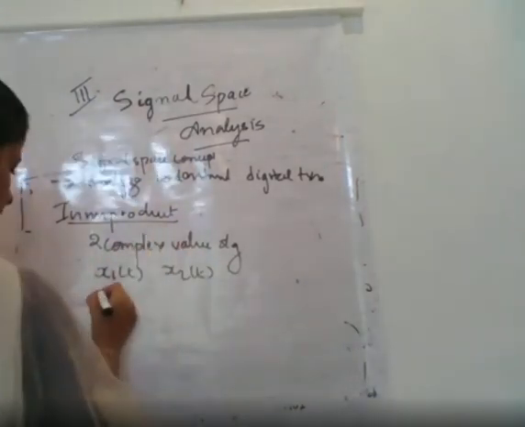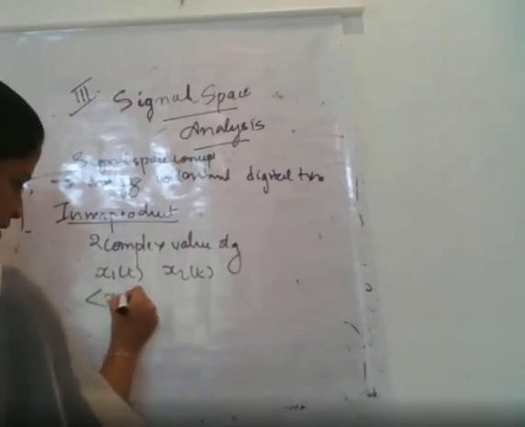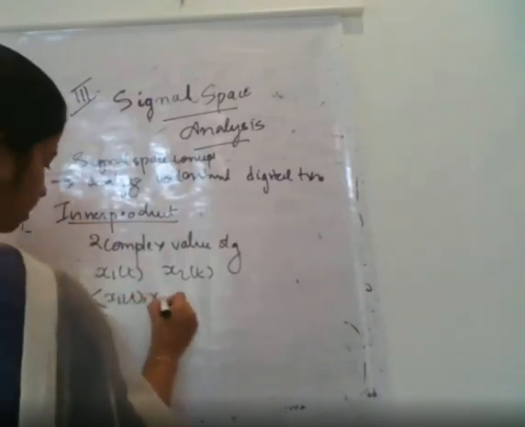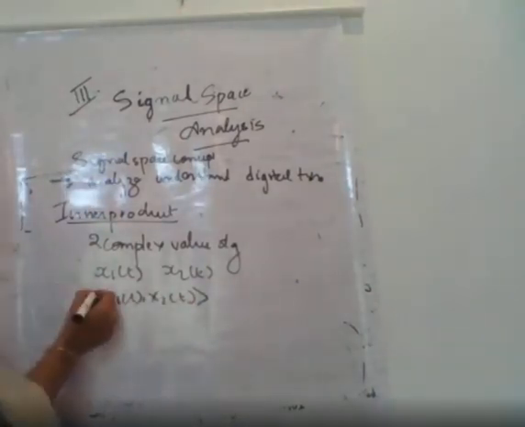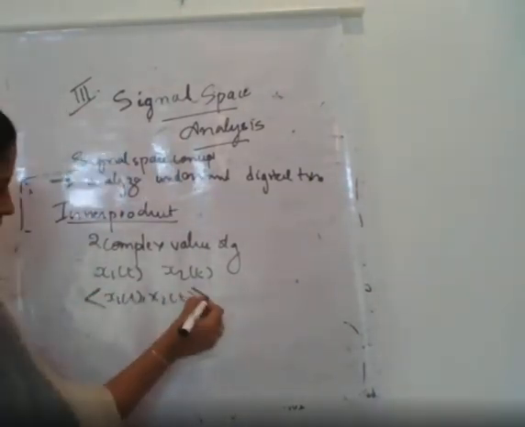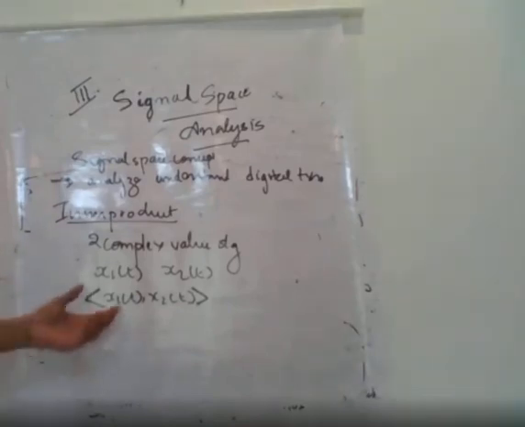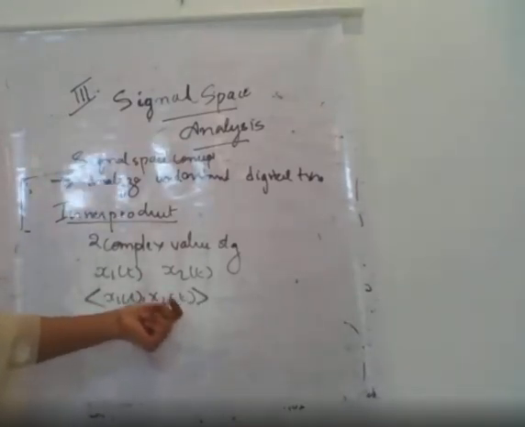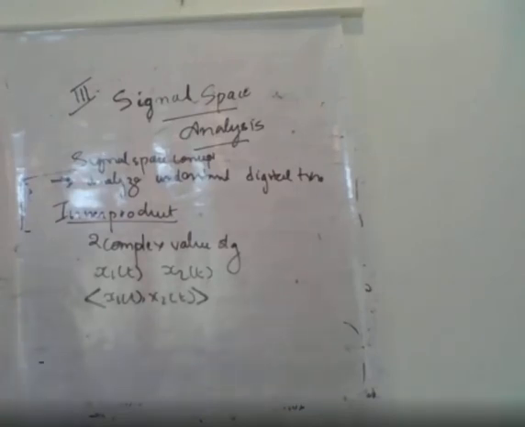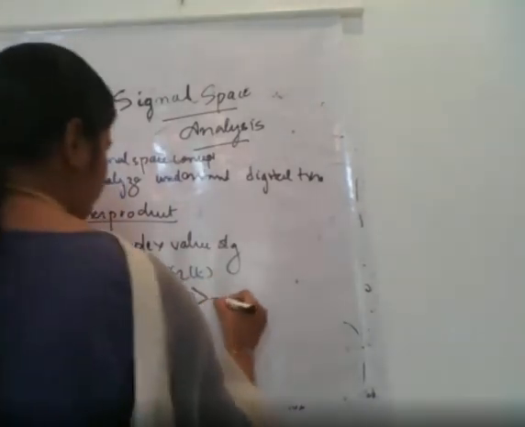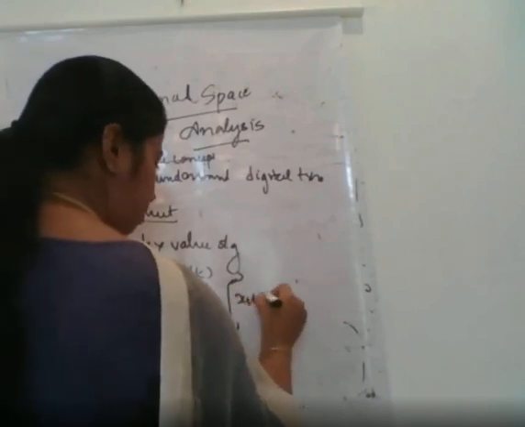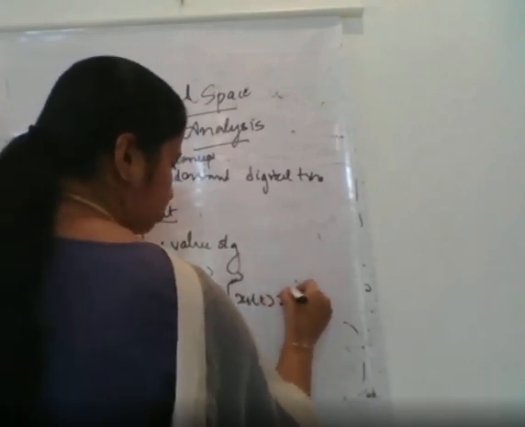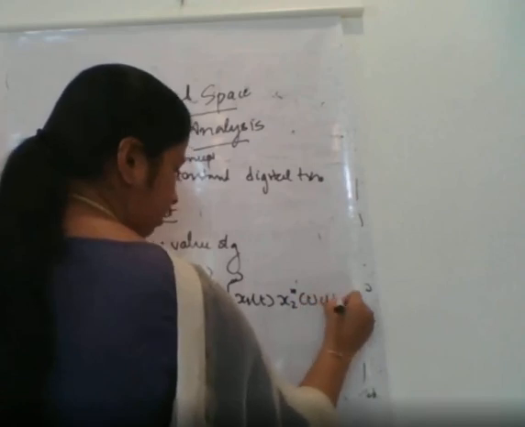The inner product is given by the angle bracket of x1 of t, x2 of t. This is the notation for the inner product. It is nothing but the integral from minus infinity to infinity of x1 of t into x2 conjugate of t dt.